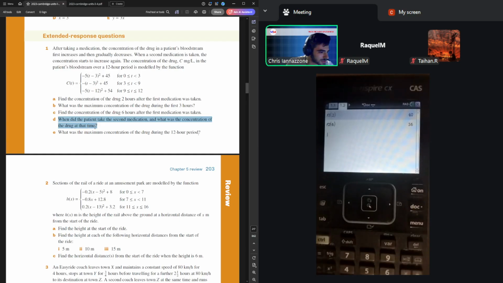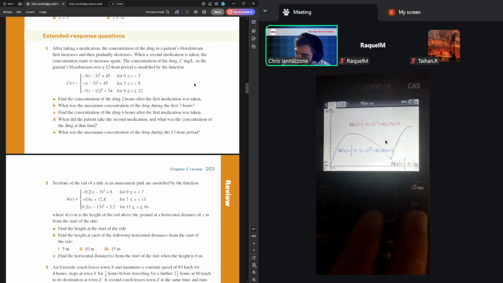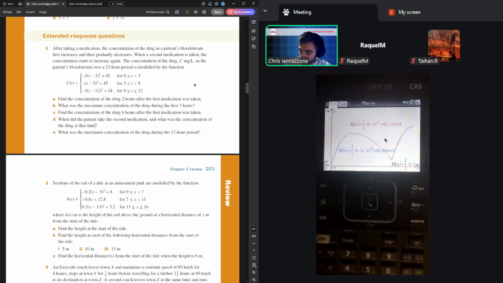Part D might do a similar thing. When did the patient take the second medication, and what is the concentration of the drug at that time? We have to start thinking in terms of the shape of the overall graph. So when did the patient take the second medication?